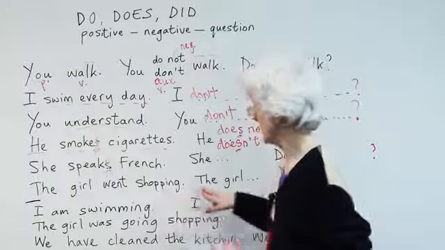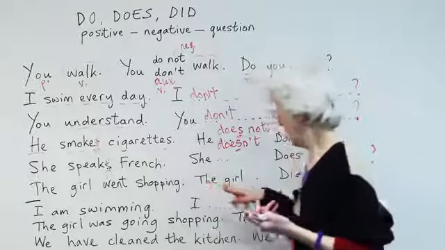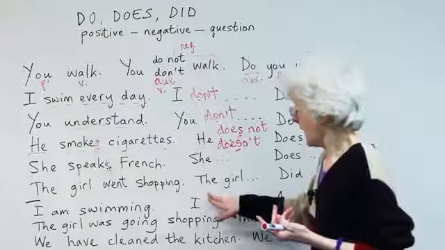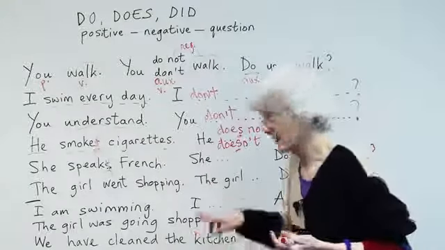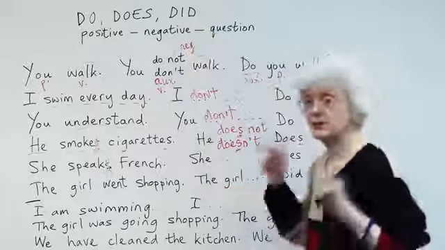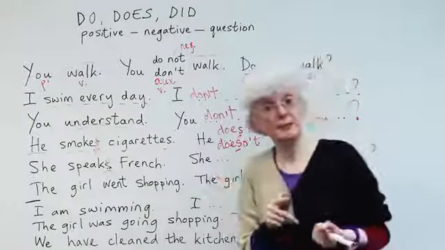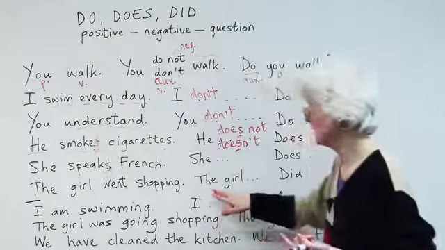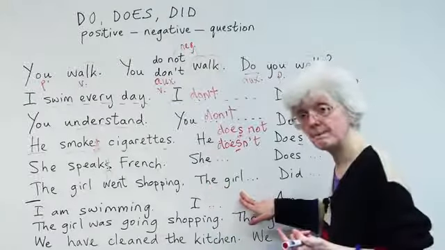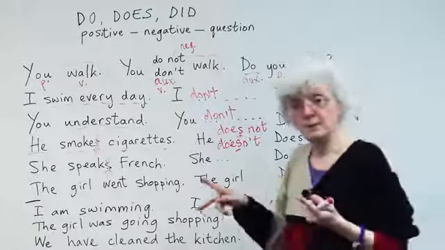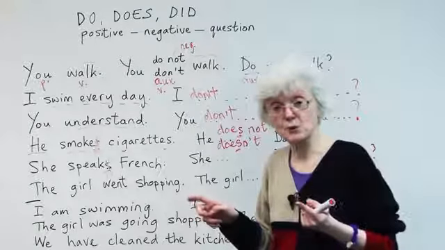Okay? So what happens next? With the negative, we still need to use the do verb, but it's now going to be in the past tense. So the girl, what do you think it might be? What's the past tense of do?